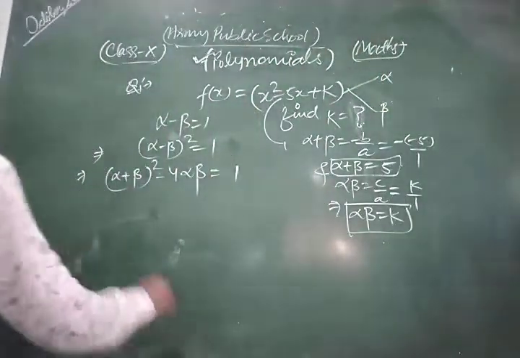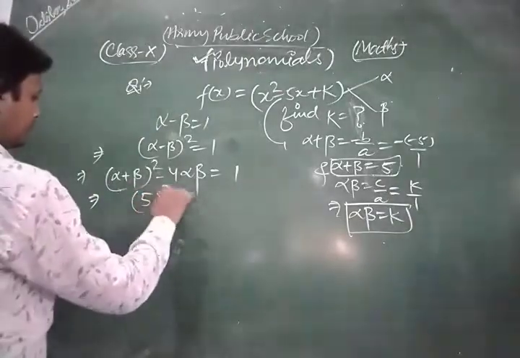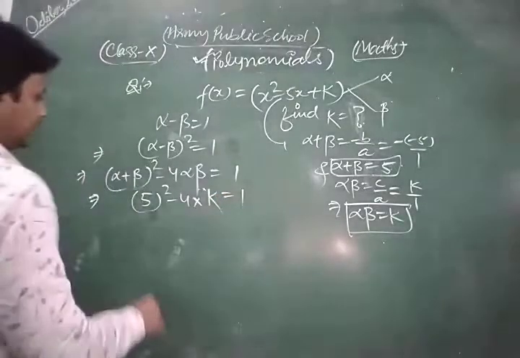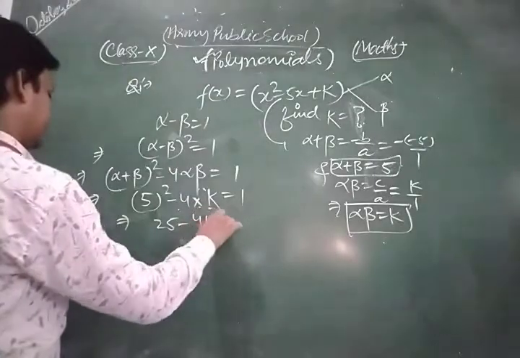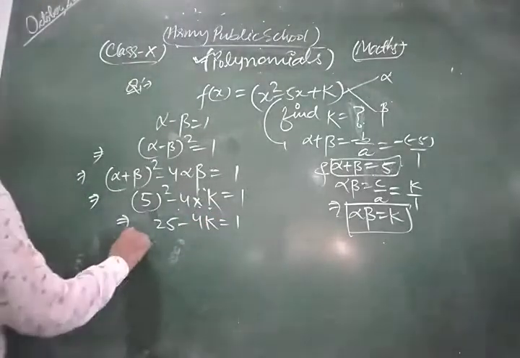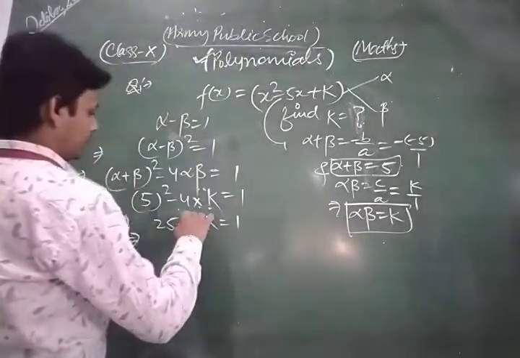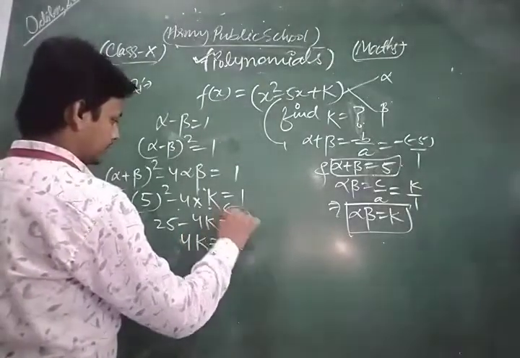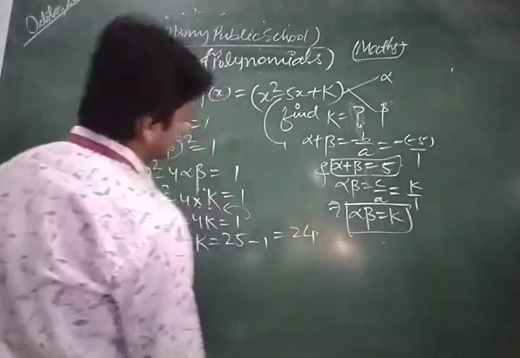So this is 5², minus 4 × alpha × beta, which is k, equal to 1. So 5 × 5 is 25, minus 4k equals 1. Now 4k transferred to that side is +4k, and 25 − 1 is 24.